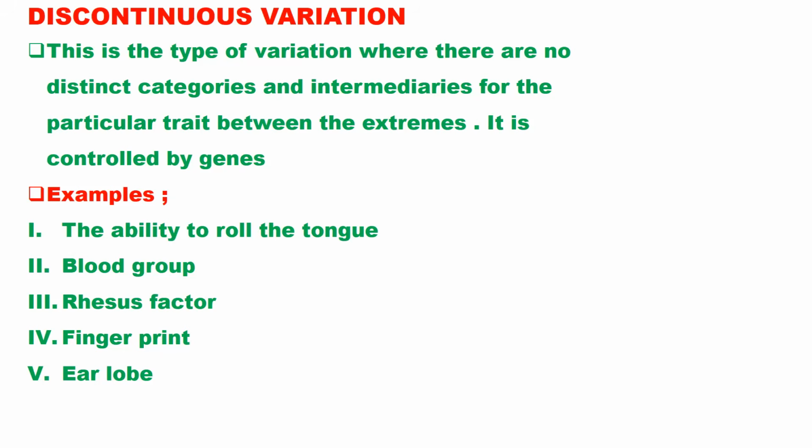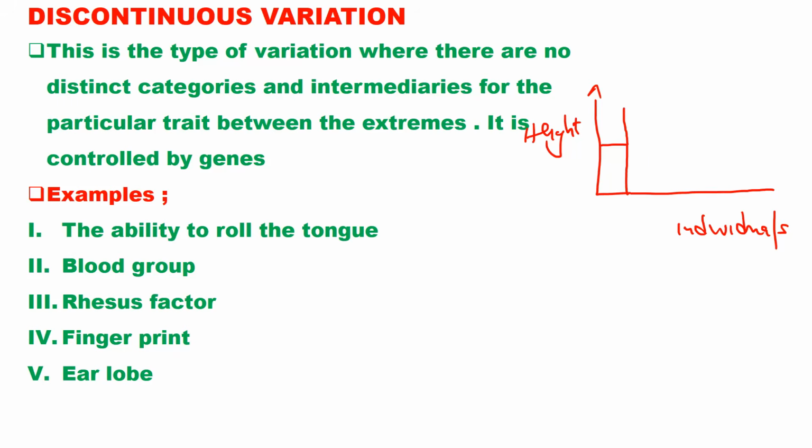Now, if I were to plot the graph of discontinuous variation, still height against number of individuals, you are going to find that it comes out, let's say, this way. So specifically, just that characteristic, no intermediaries in between. As you can see, the graph is presented with bars.